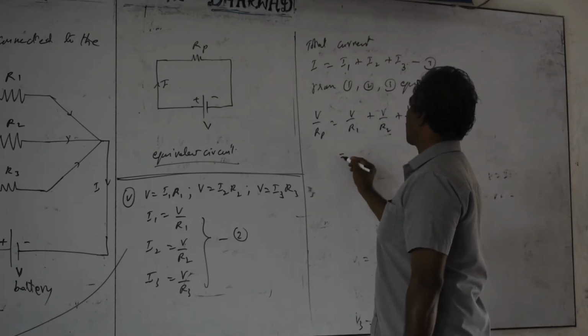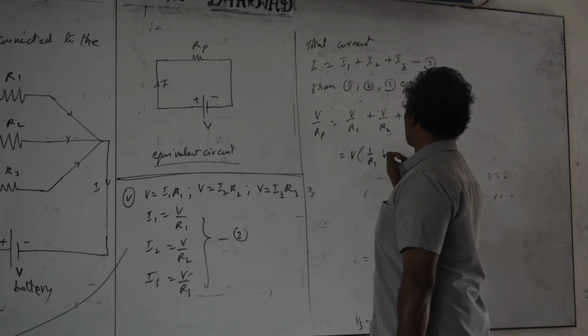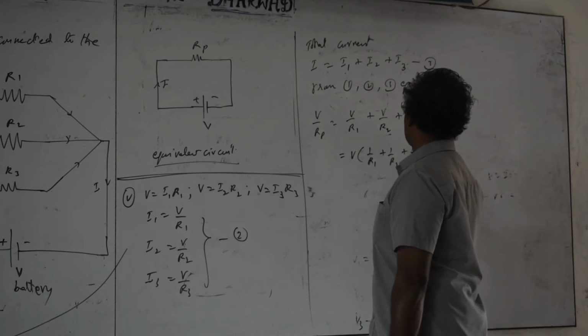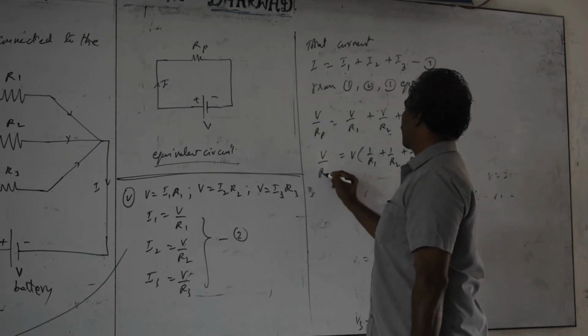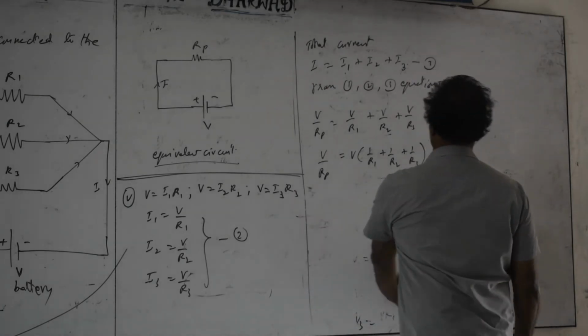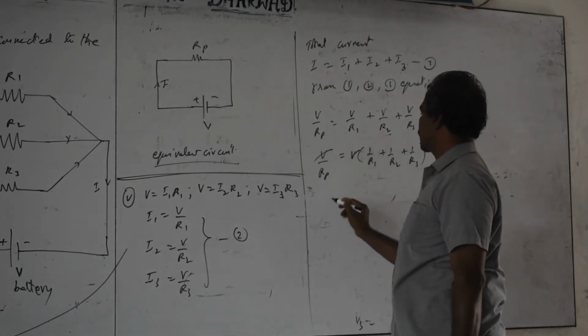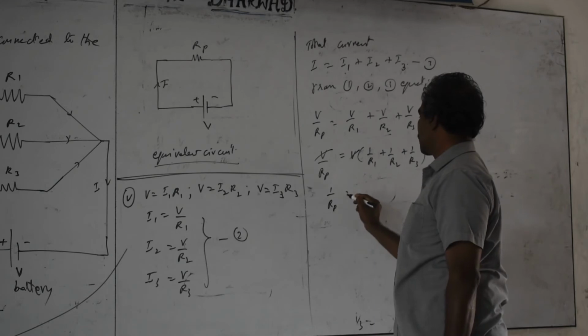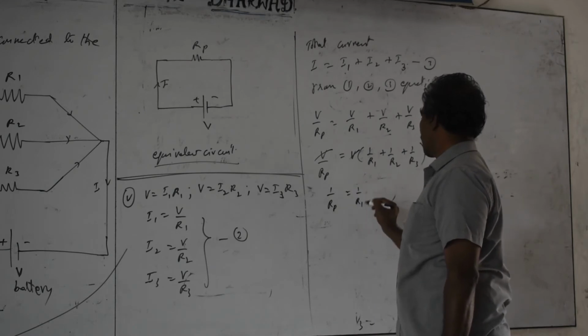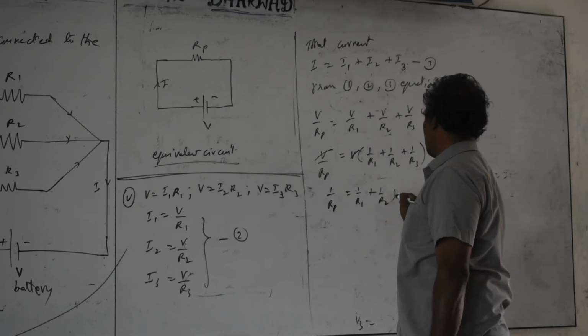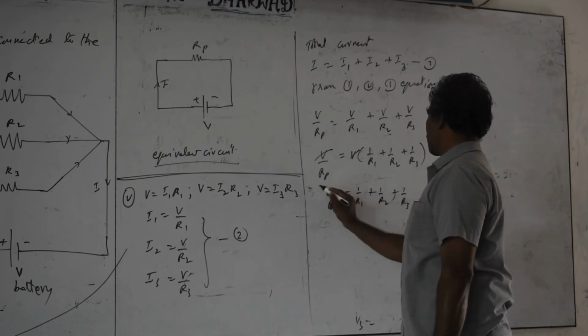We take V out: V times 1 by R1 plus 1 by R2 plus 1 by R3, equal to V by RP. So 1 by RP is equal to 1 by R1 plus 1 by R2 plus 1 by R3. This is the result.